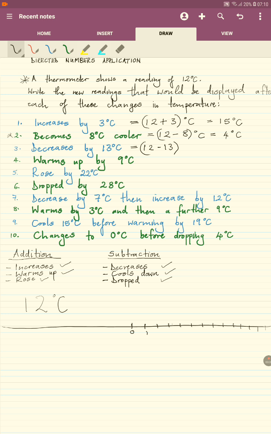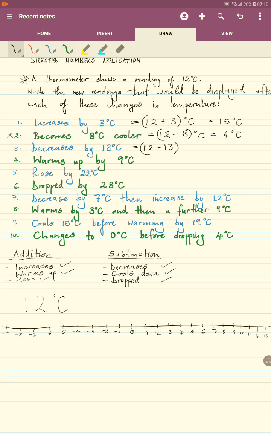And to the left we have negative numbers, minus 1, minus 2, minus 3, minus 4, minus 5, minus 6, minus 7, minus 8, minus 9.